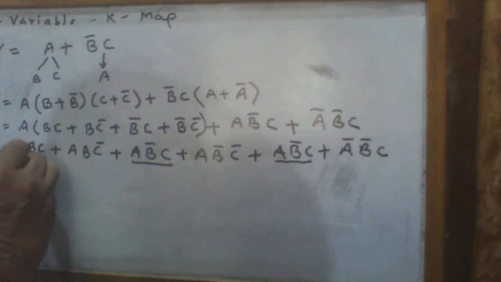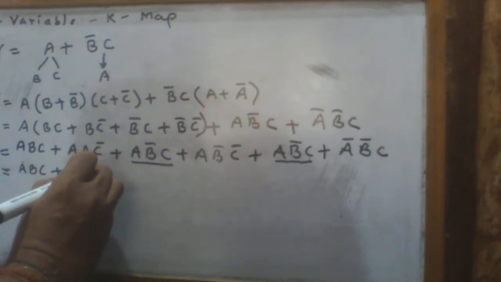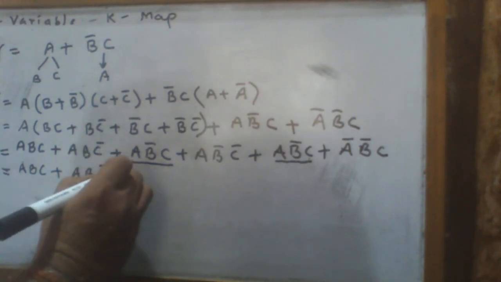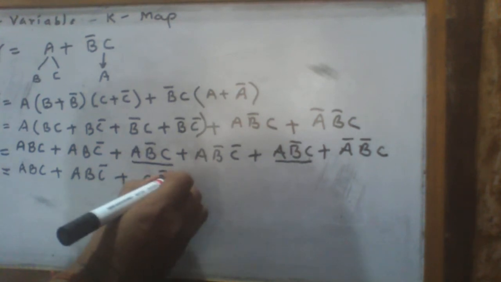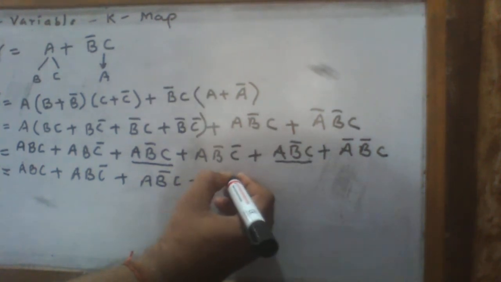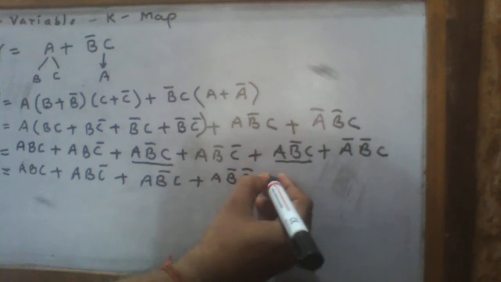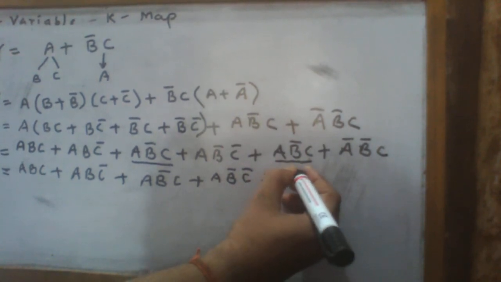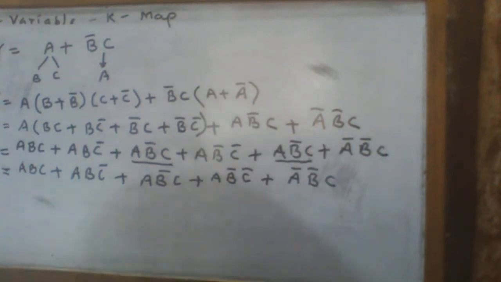Therefore, it will be A B C plus A B C bar plus A B bar C plus A B bar C bar plus A bar B bar C. In this way the equation can be written.